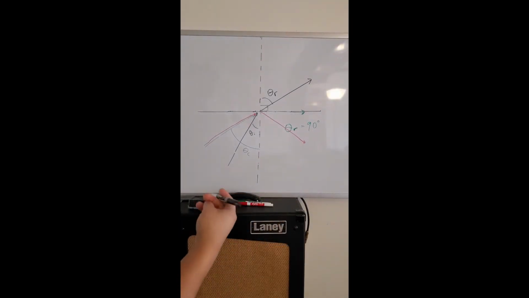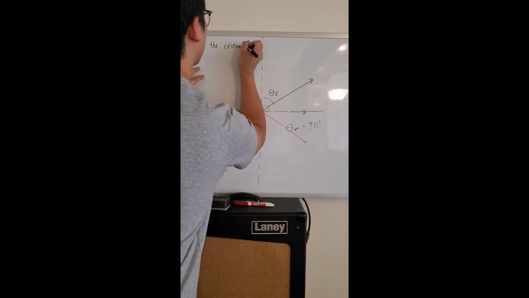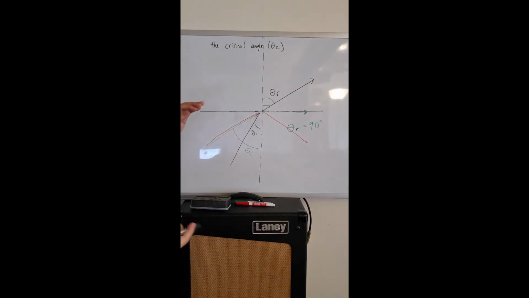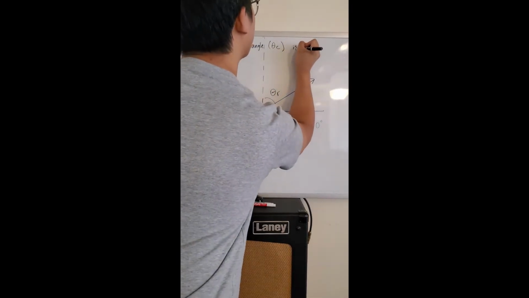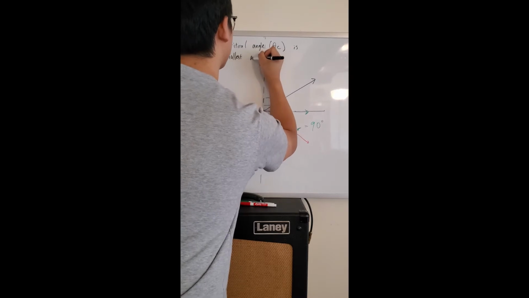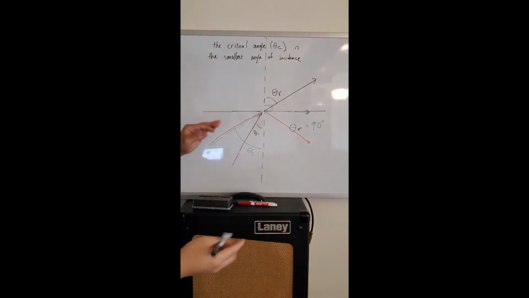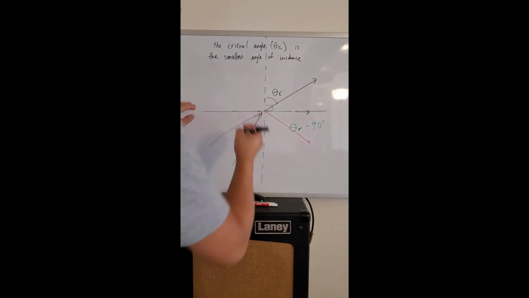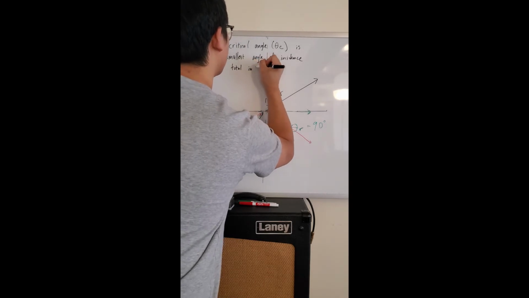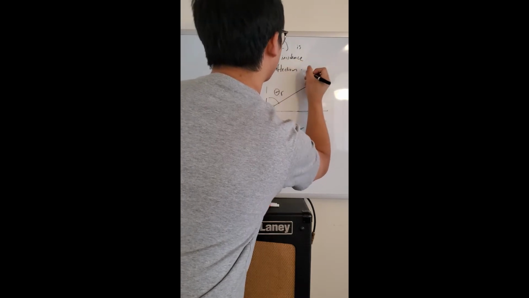So we actually have a definition for this critical angle. We say that the critical angle, and we denote that with theta C for critical, is the smallest angle of incidence where total internal reflection occurs.